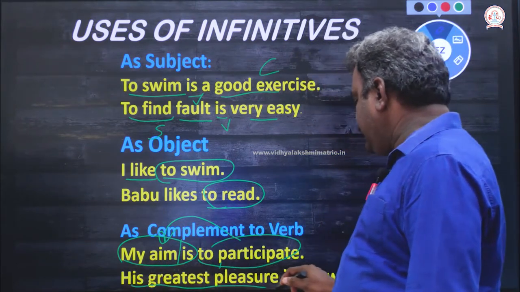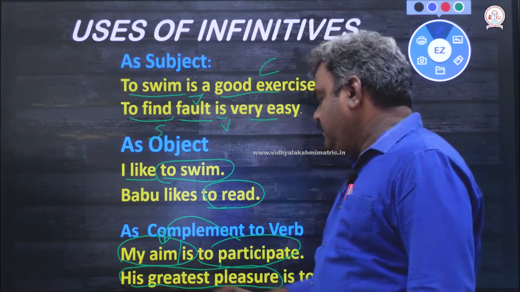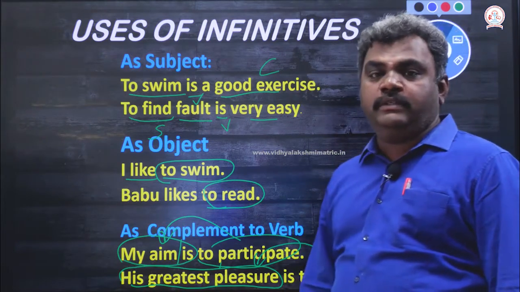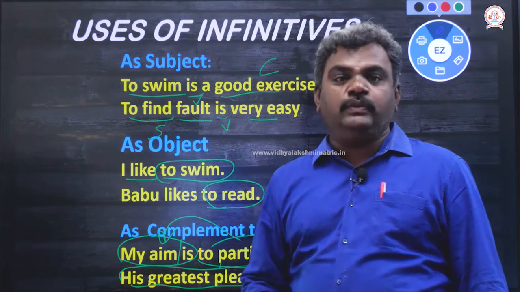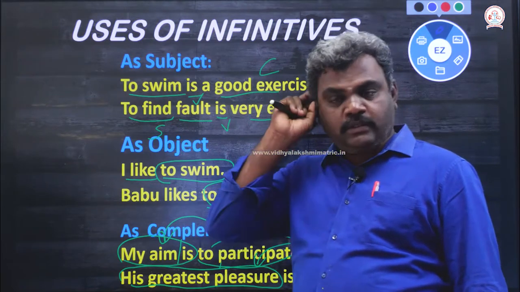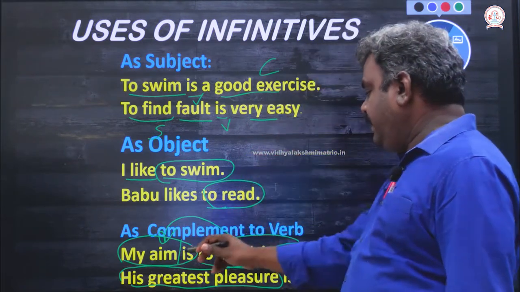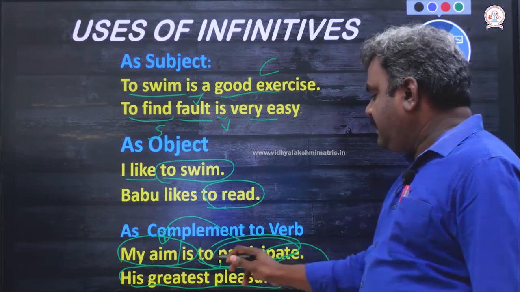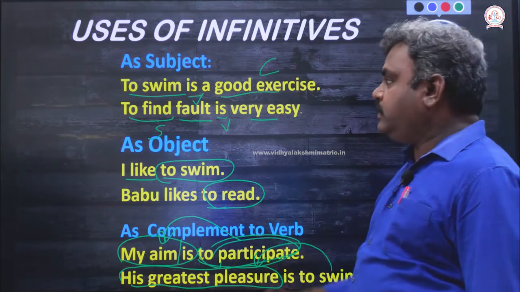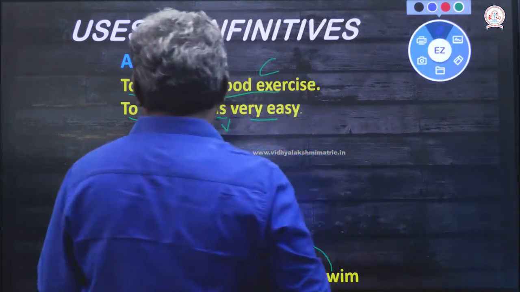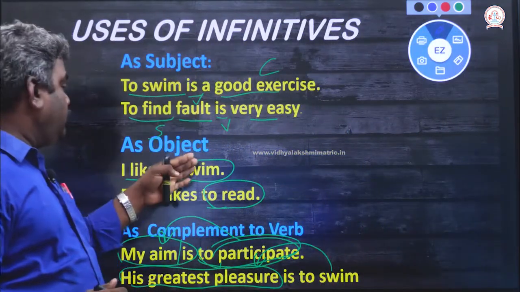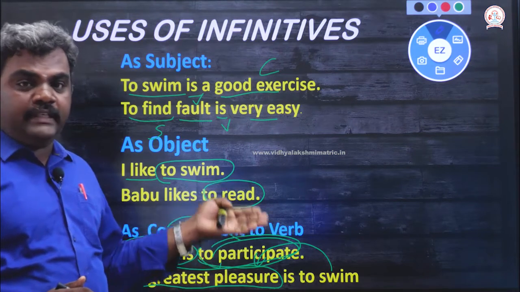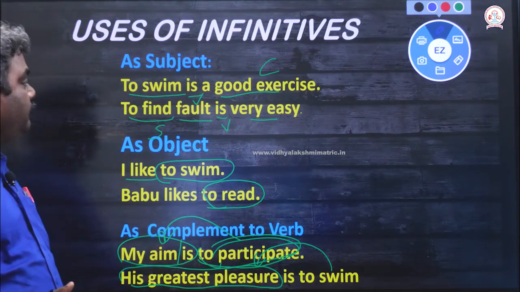His greatest pleasure is to swim: this is the subject, and to swim is the complement. A complement is nothing but an adjective which qualifies the noun or the subject. So here it functions as a complement. Keep in your mind, it can function as a subject, an object, and as a complement, that is, an adjective.